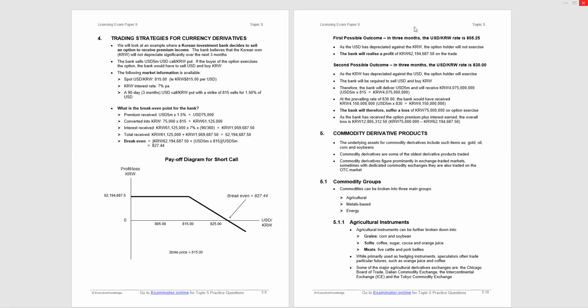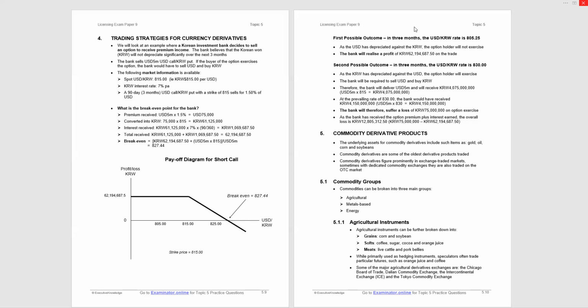And the interest received we see there is the amount of won that's going to be received, 61,125,000. We apply the 7% interest rate for 90 days and we get 1,069,687.5.